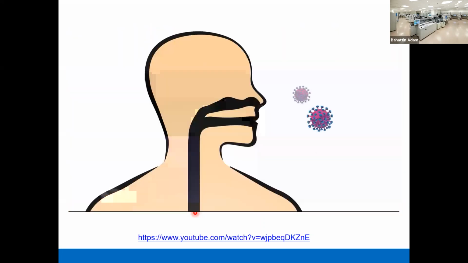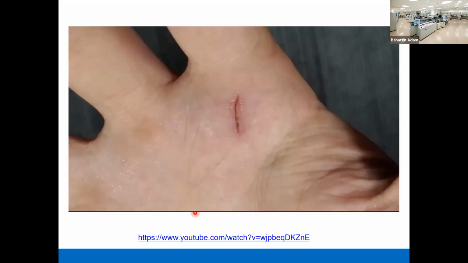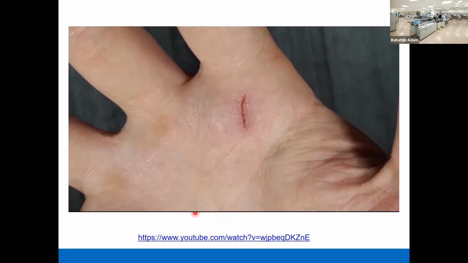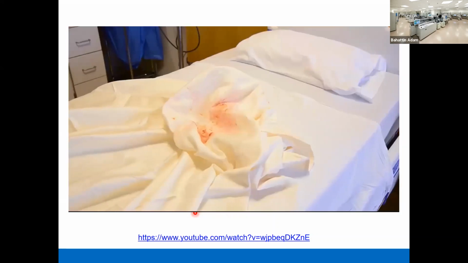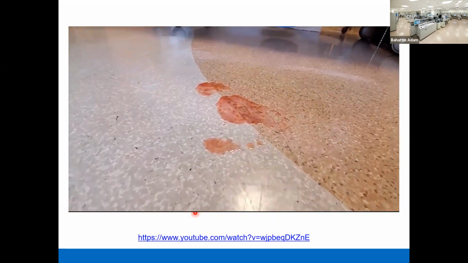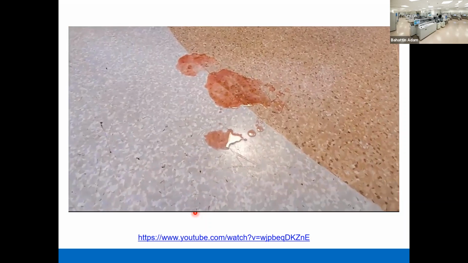Most occupational exposure to bloodborne pathogens occurs when the pathogen comes in contact with the employee's mucous membranes, like the nose or mouth, or breaks in the skin, like needle sticks, human bites, cuts, or abrasions. Body fluids such as blood, vomit, and in some instances, saliva, can potentially contain bloodborne pathogens.